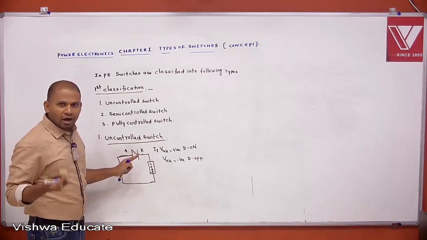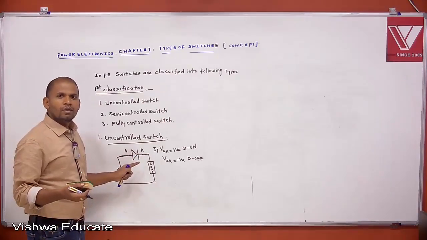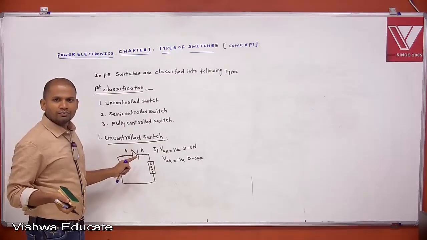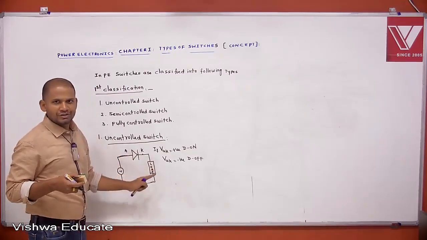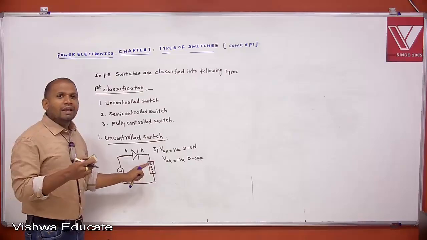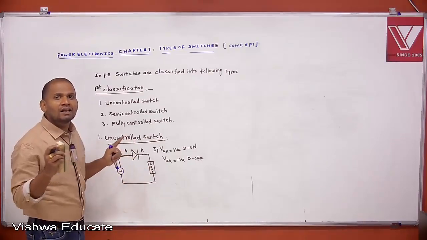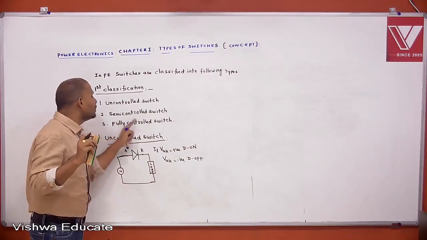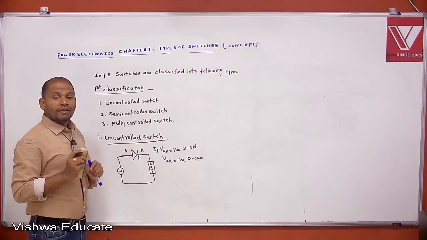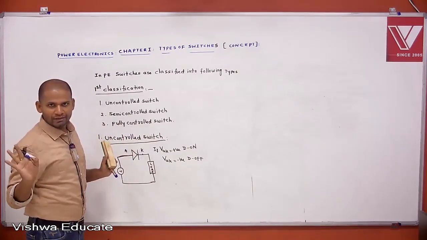When the diode is on? When the diode is off? All these depend on circuit conditions. It cannot depend on any external control signal. That's the reason why it is an uncontrolled switch. That is, on and off is not in our hand.